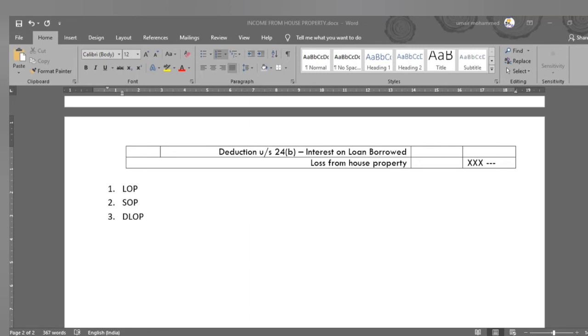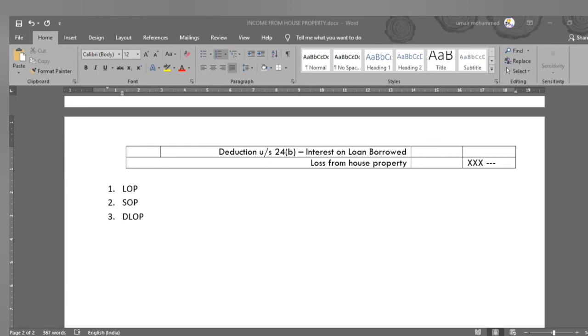But what happens in the year 2019-20 is that 3 properties I have given on rent. The 4th property I have not given on rent. I am planning to let my children stay in that house, and anyways I have my own house, so property number 4 is meant for my children, but I've not yet given it to them. It has remained vacant. In the 5th property I am staying.